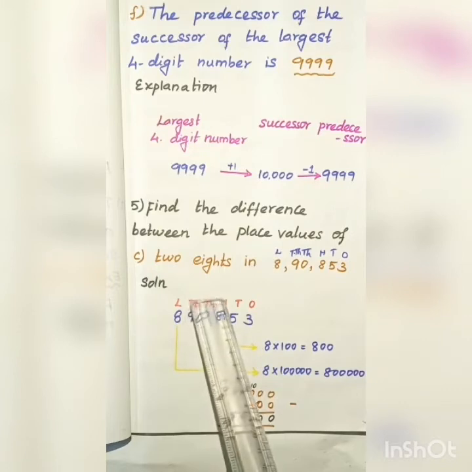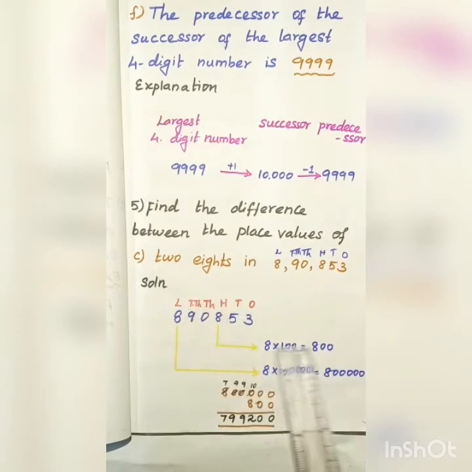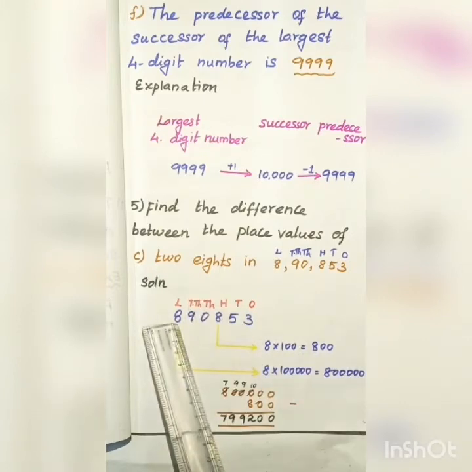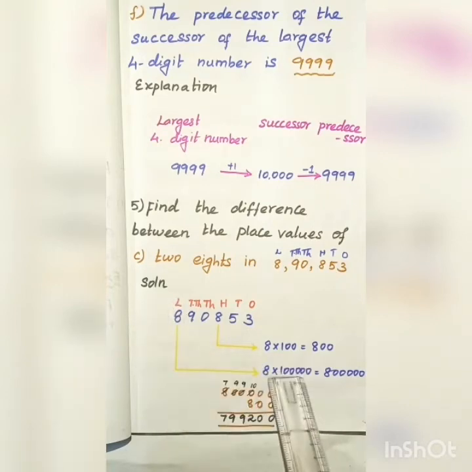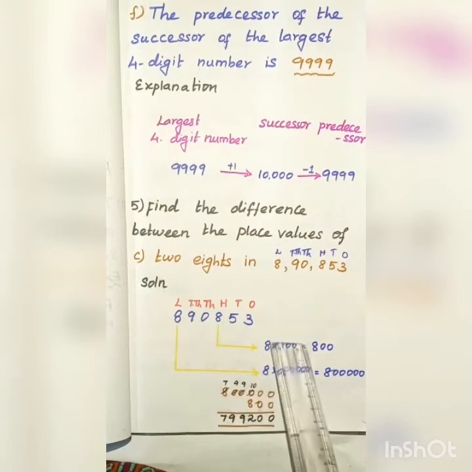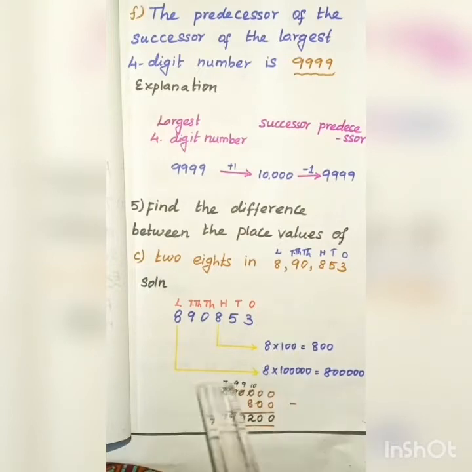So 8 in the place of hundreds: 8 into 100, 800. Then 8 in the place of lakhs: 8 into lakh, 8 lakh. So you subtract the 800 from 8 lakhs. First you write the 8 lakhs, then here you write the 800. Subtract these and you get 7,99,200.